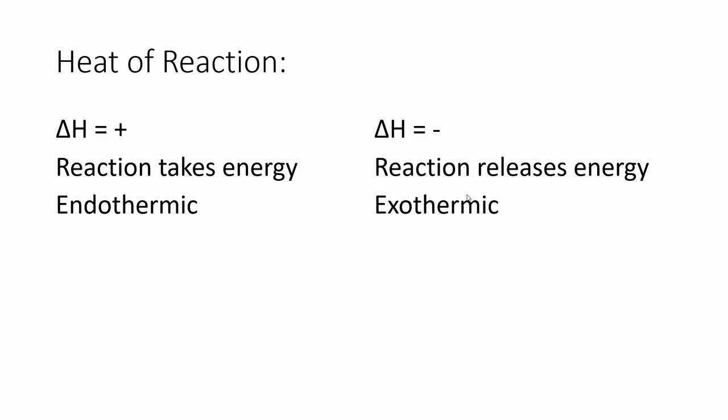If I have a heat of reaction that's negative, that means energy was released, energy is leaving the reaction, so it's an exothermic reaction. You should be able to identify, just by looking at this number, the heat of reaction: if it's positive, we have to add energy, that's endothermic. If we got energy out, that's negative, that's exothermic. All right, questions so far? I still see some people writing, so I'll give you a minute.